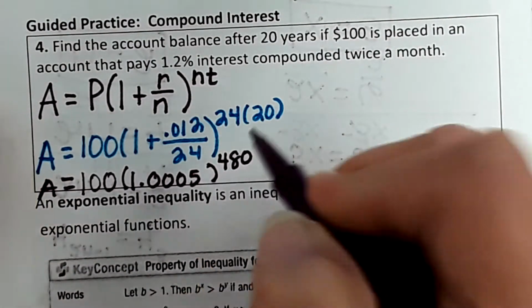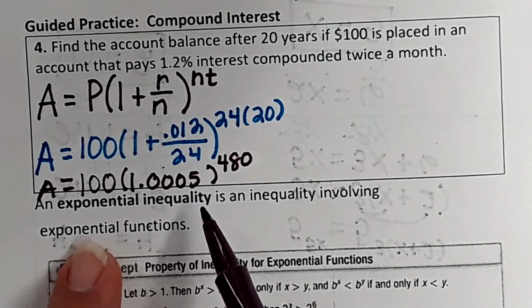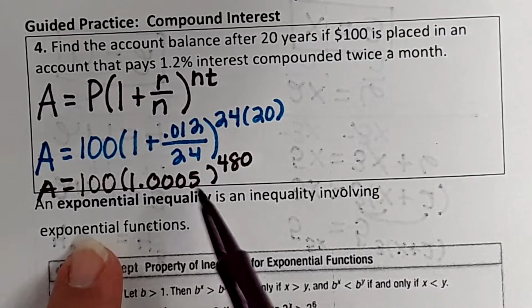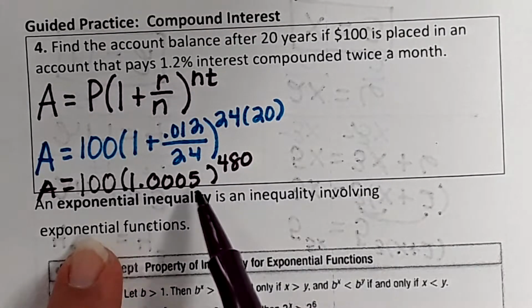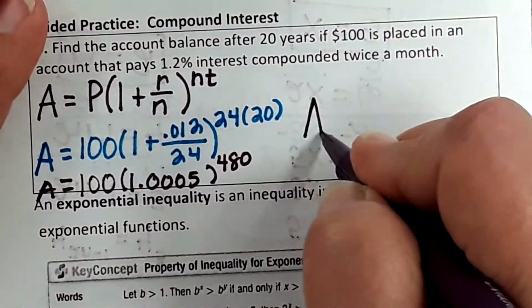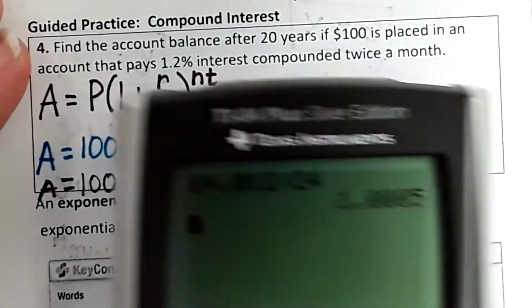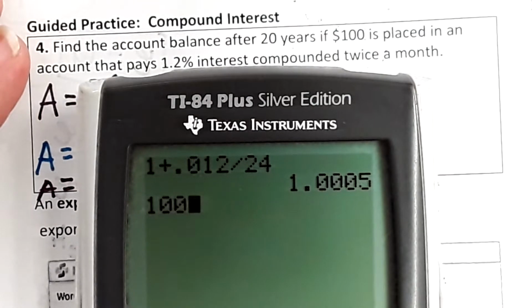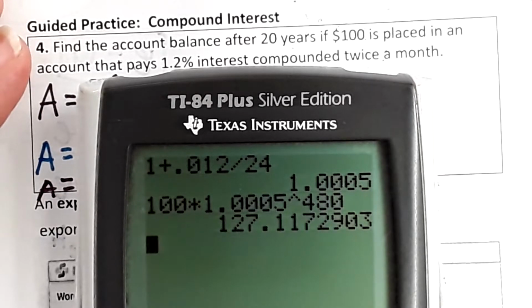Okay. Now you guys look at this. Now it looks like an exponential equation. Put it into your calculator just like that, and we'll get our A. And remember, it's money, so we're going to round.